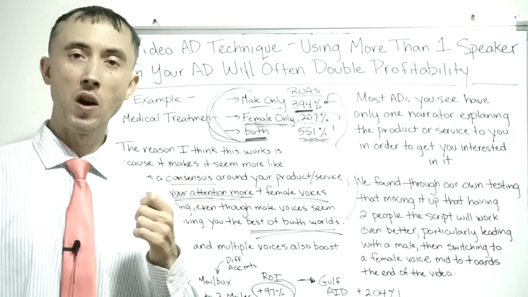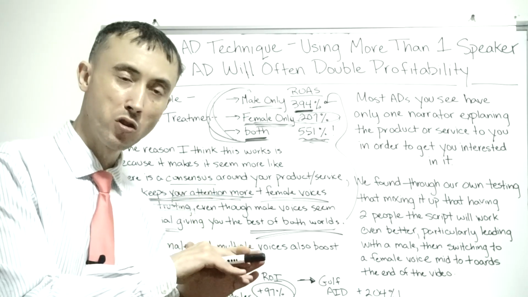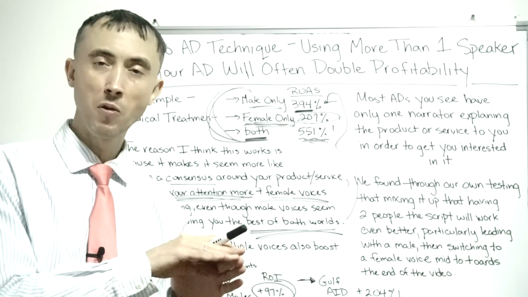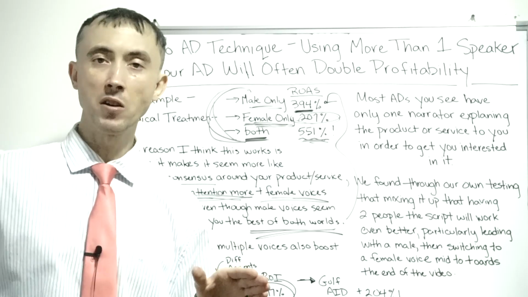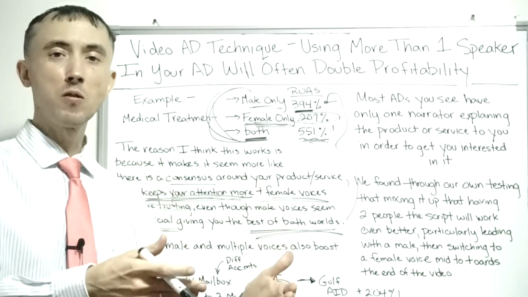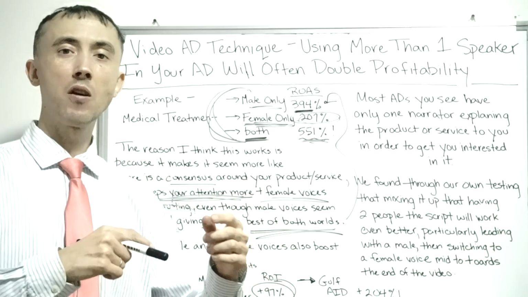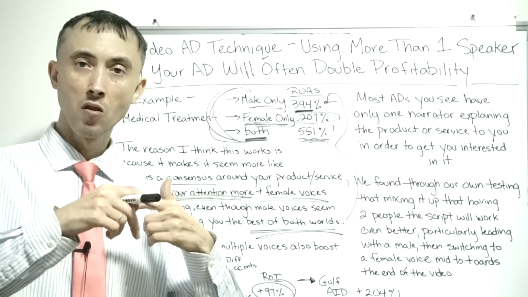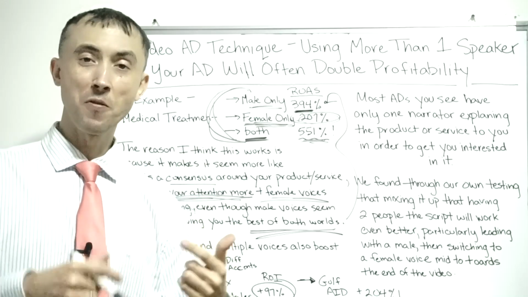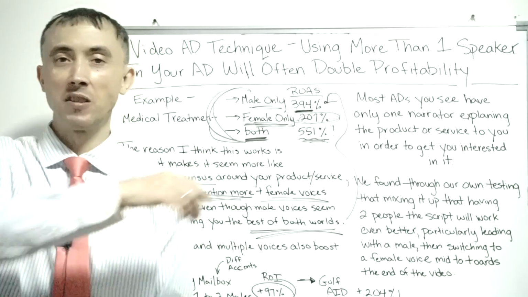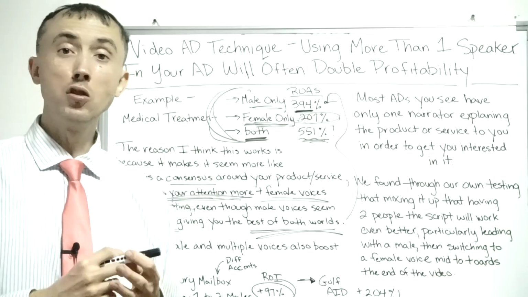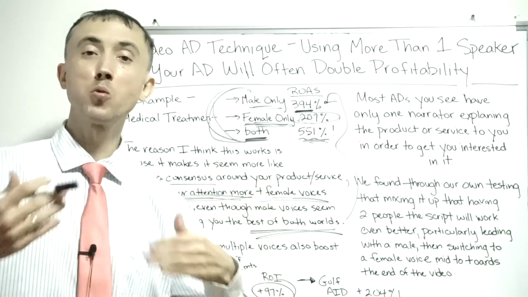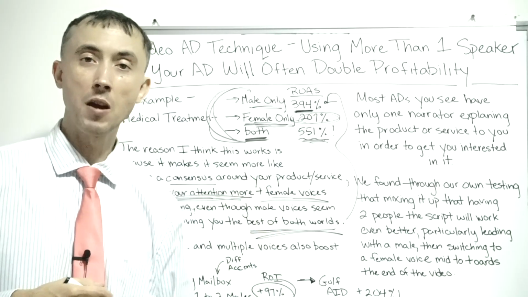What we did was, instead of having the script just narrated by one person, about midway through the video in that particular case, we had what looks like a customer reading part of the script, which is a very clever way, I'll pat myself on the back for that one, to do your breakup of having your second person read the script.